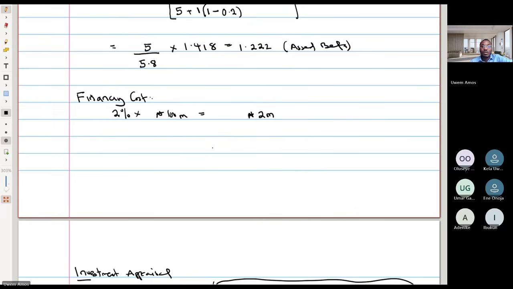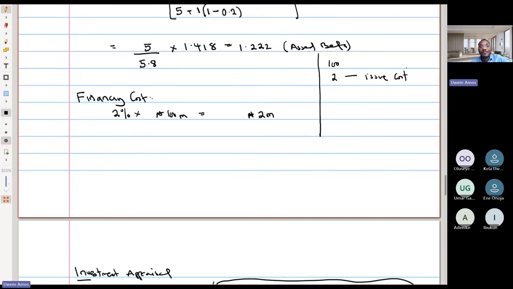Thank you, sir. Okay, so the recap is this. I'm going to use an example that you can relate with. If you need 100 million for a project, and the bank and providers are telling you that for us to process this 100 million, you need to pay an issue cost of 2 million.